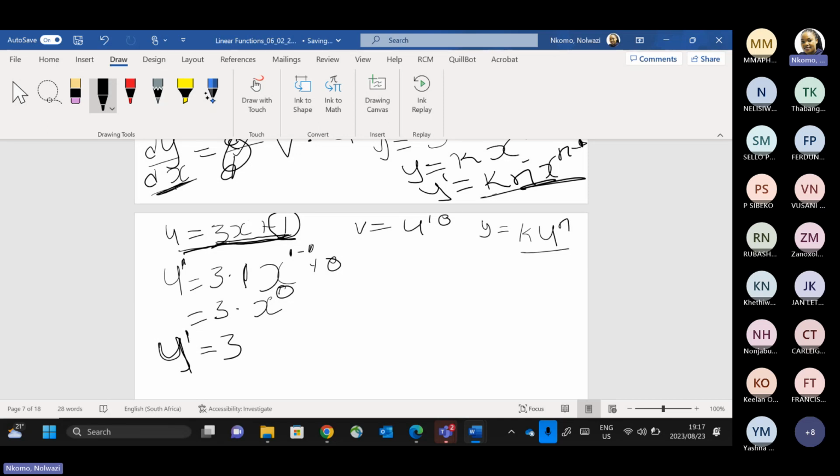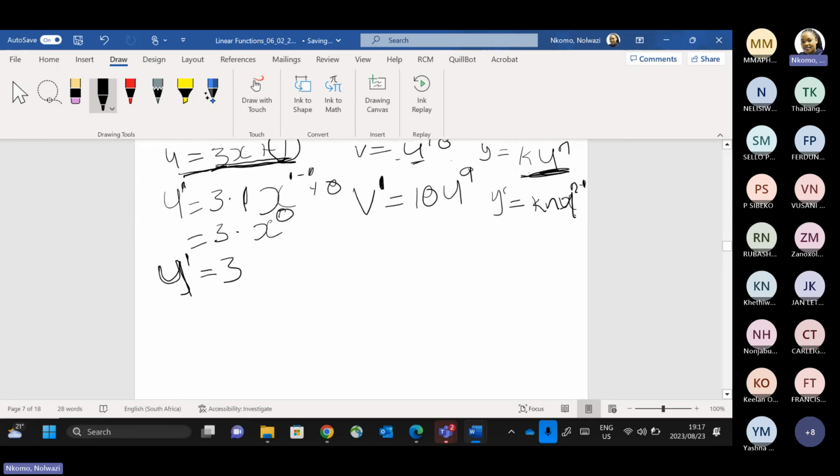If you are given a function like this, then your y prime would be k n u to the power n minus 1. Here we have k as 1 and n equals 10. If we substitute these back here, we have v prime as 10 u to the power 9, right?